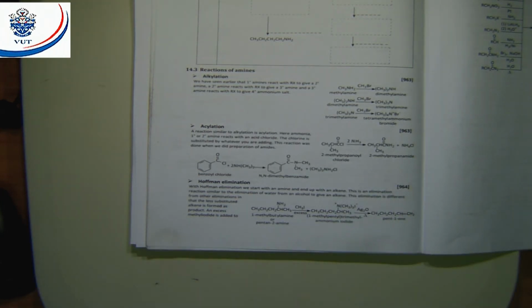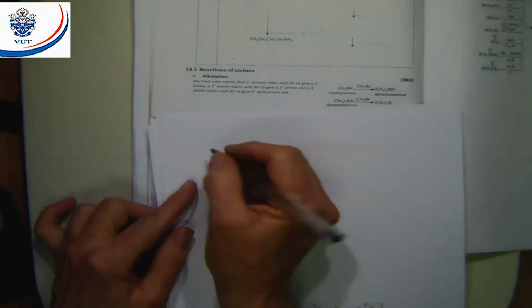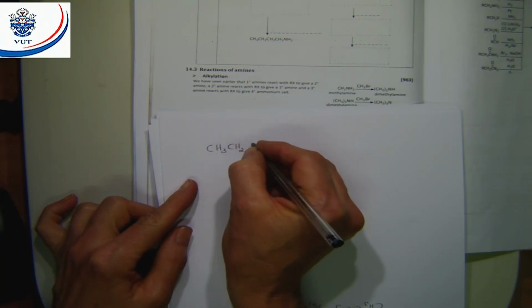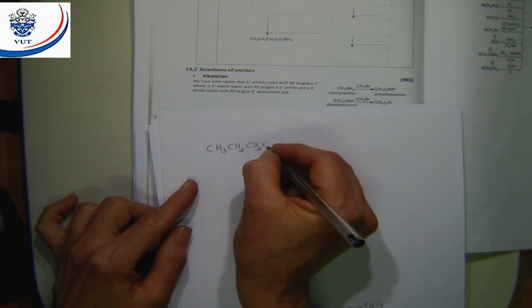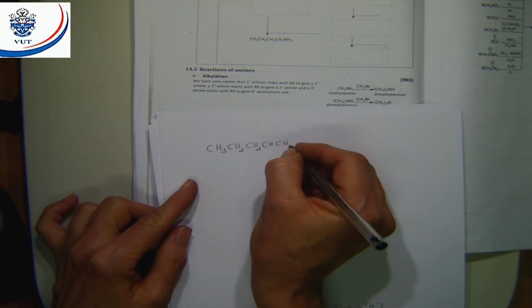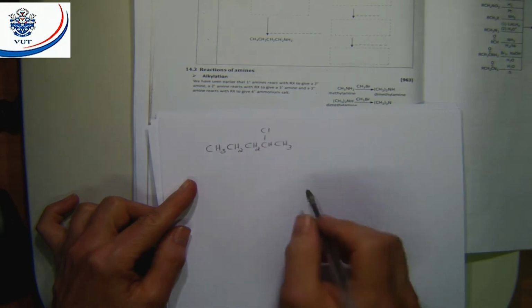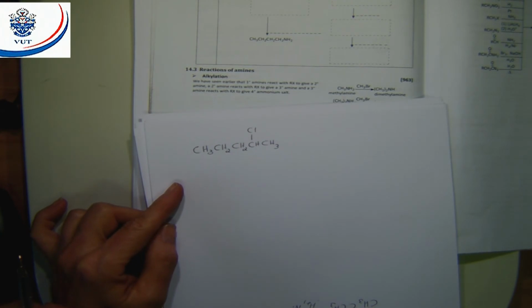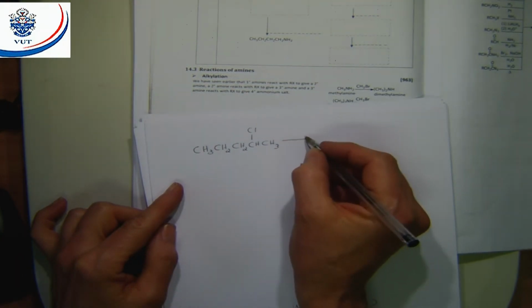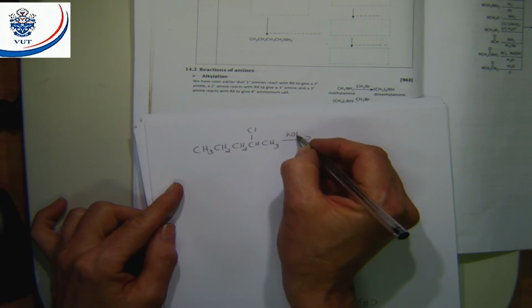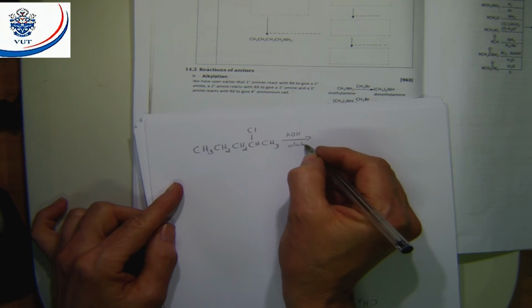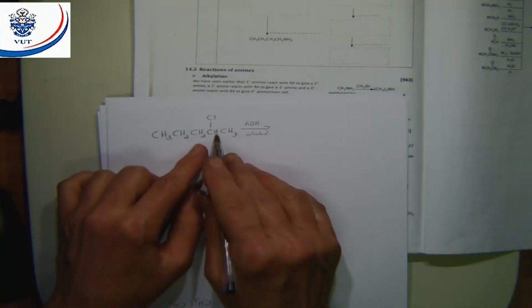Now, interesting, if we take the elimination reaction there, say for example we have this alkyl halide, 2-chloropentane, and we do the elimination reaction there, treating it with potassium hydroxide in alcohol. And we look at our product.